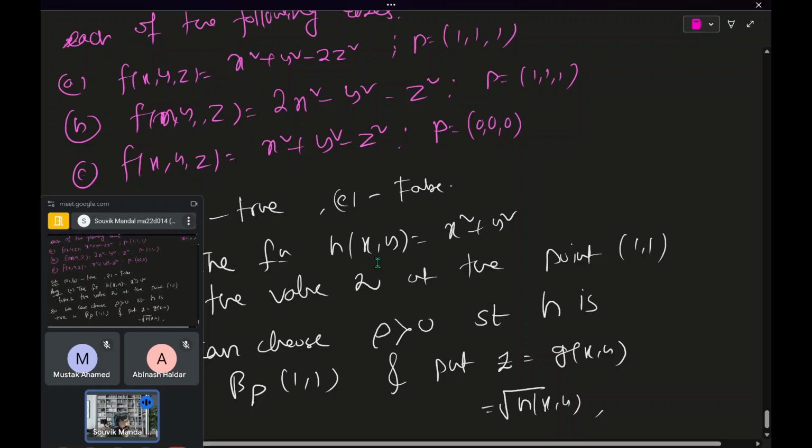And it follows that f(x, y, g(x, y)) is 0.